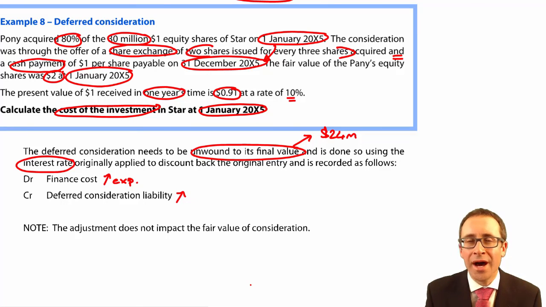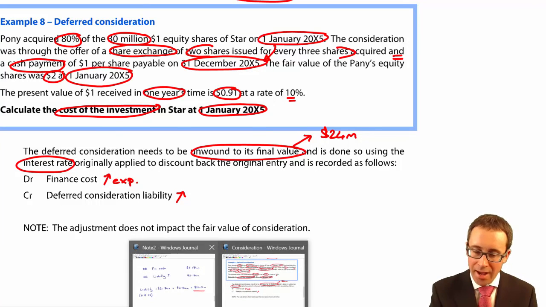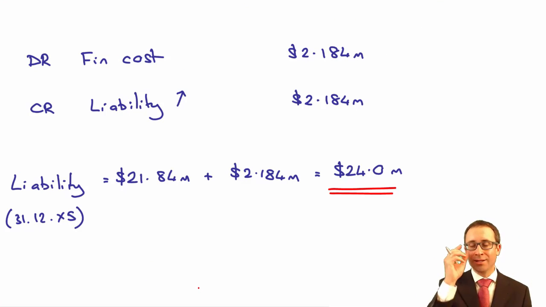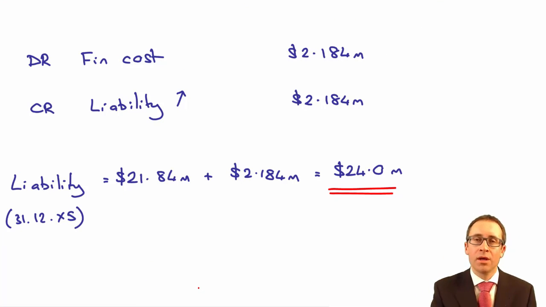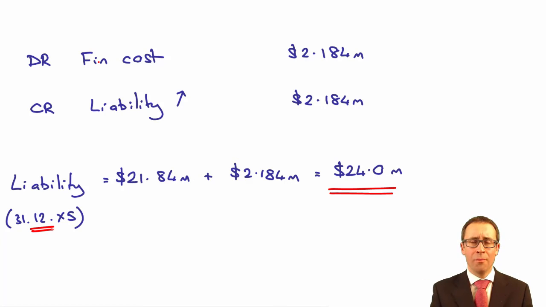Technically it's 0.909. They've done some rounding there, and that rounding is ultimately fed into our answer, so it's ever so slightly out, but rounding to 1 decimal place, it's fine. So we get that liability in a year's time to be 24 million.